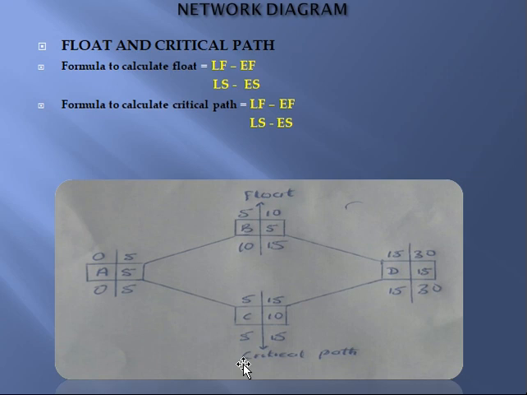Now take for instance, for this project, activity B and activity C. Remember we said D is dependent on both. Now, if you are to carry out this project to meet this 15th, you do not have free space. Remember, this project has 10 days difference.